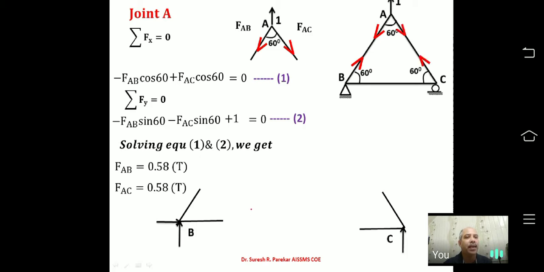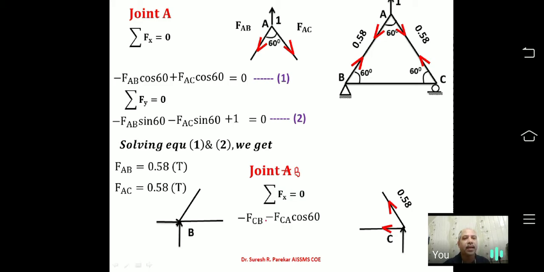We have AB tensile, in P also tensile, but AC is tensile, while in the P forces it is compressive. For BC, at joint B we again have two equilibrium equations, but the force in the member we get here is compression, whereas in the P forces this force is in tension.